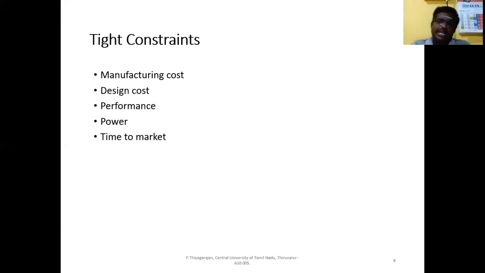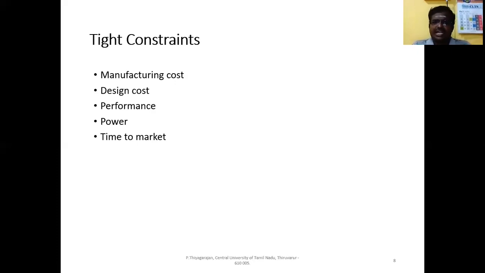So what I'm trying to say is that the user, for example in a mobile, will expect all kinds of features at a very minimal cost, because there are competitors who are able to provide the functionality of a mobile, like the megapixels of the camera and the clarity, the memory capacity, the processor capacity, and obviously the user will expect the same thing from other manufacturers also.